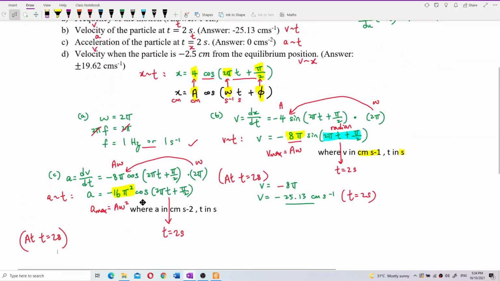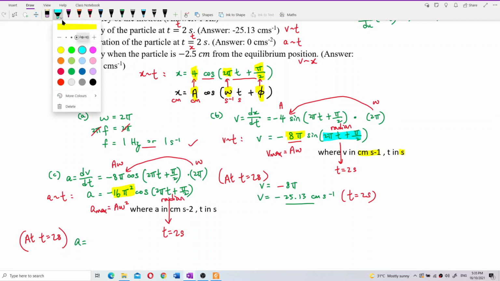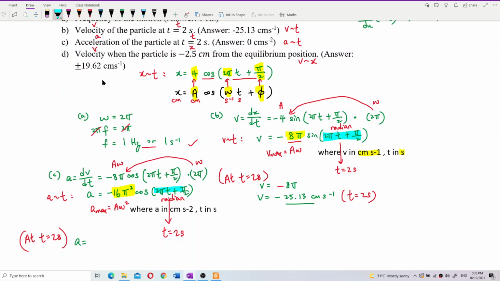At time 2 seconds, I substitute time with 2 seconds. What is the acceleration? Remember, this one must be in radian. All this thing, same like before, all this must be in radian.